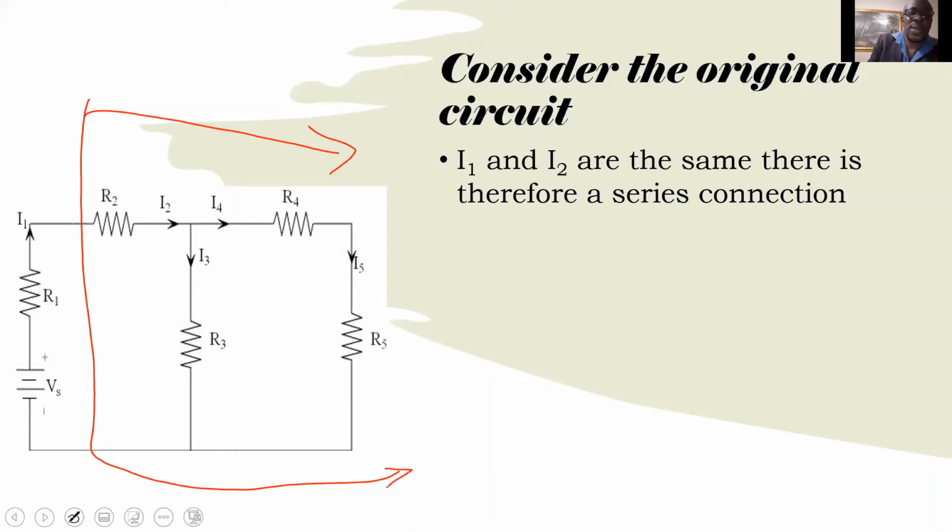And what we're going to call that is rest of circuit. So I1 is the same current that is entering the rest of the circuit.